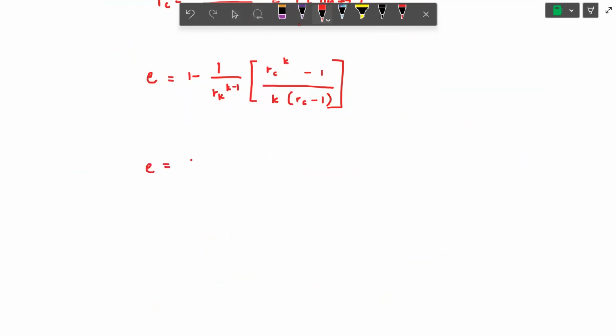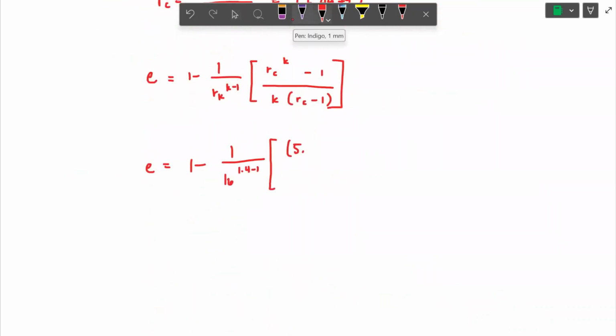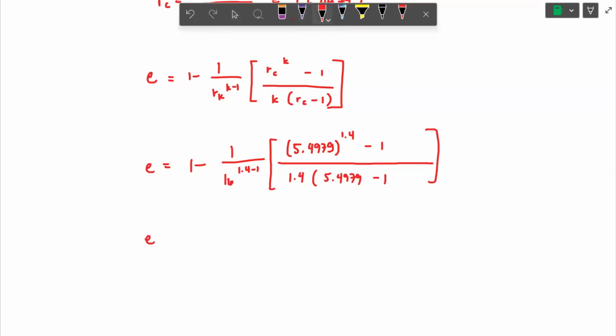So, E is equal to 1 minus 1 over 16 raised to 1.4 minus 1. Then, multiply ko ito ng RC, that is 5.4979 raised to 1.4 and then minus 1. Tapos, multiply ko siya ng 1.4. Multiply ko naman ng 5.4979 minus 1. Ayan na yung kanyang efficiency.